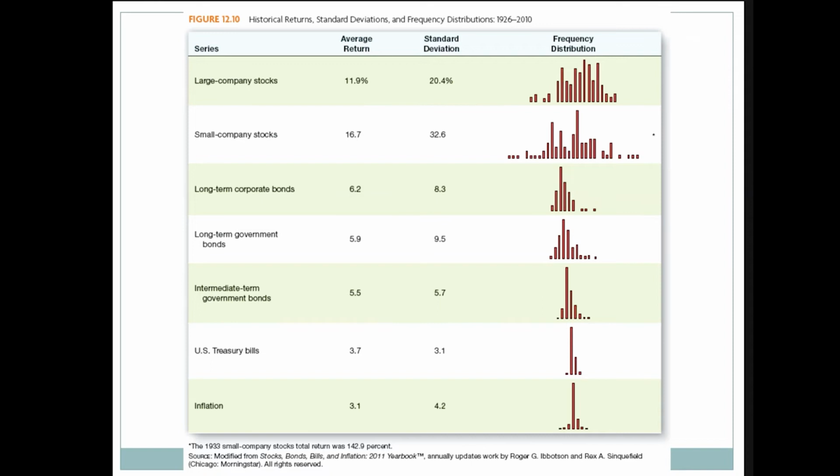And so what we see in that final column, the frequency distribution, this is the spread of returns, the spread of whether we made money or lost money in any given year. You can see that that's a visual description of risk, in the same way that in the graph, the jumpiness of the line was a visual description of the variance.